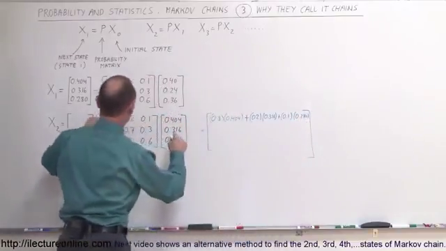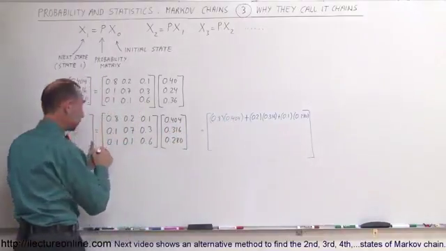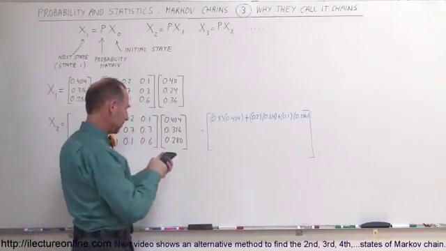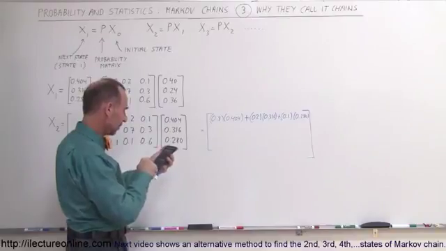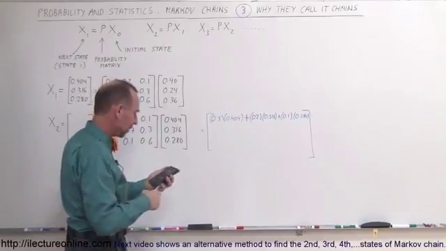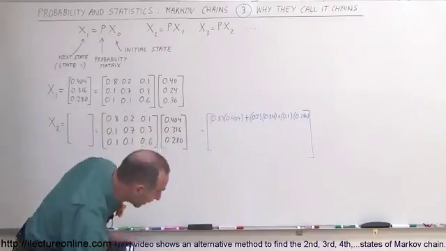So it's these two plus these two plus these two that gives me the value for the first cell right over there. So let's go ahead and calculate and see what that is. So we get 0.8 times 0.404 plus 0.2 times 0.316 plus 0.1 times 0.28 equals 0.4144.